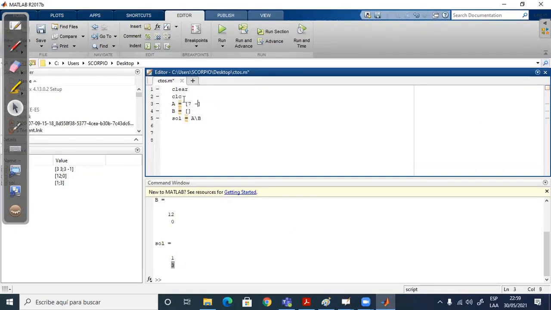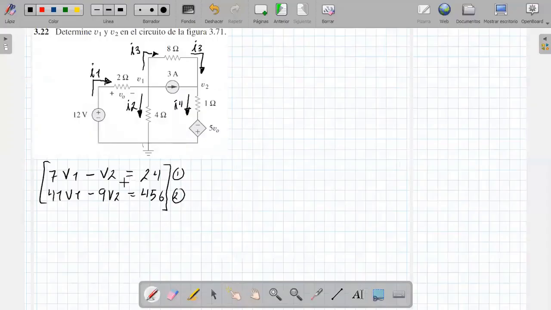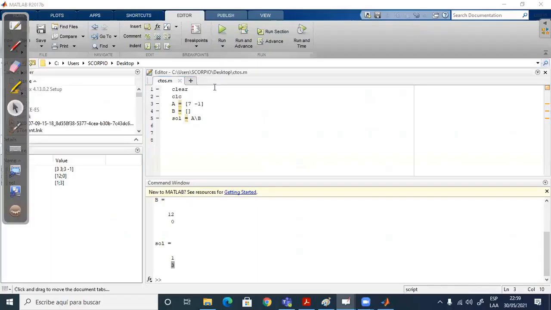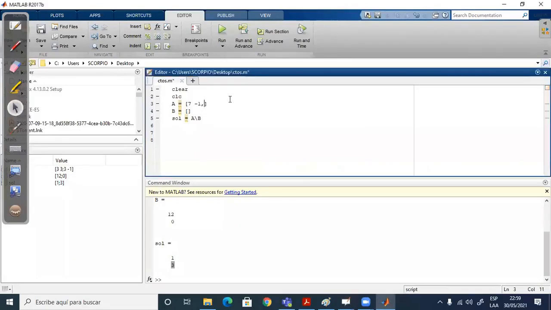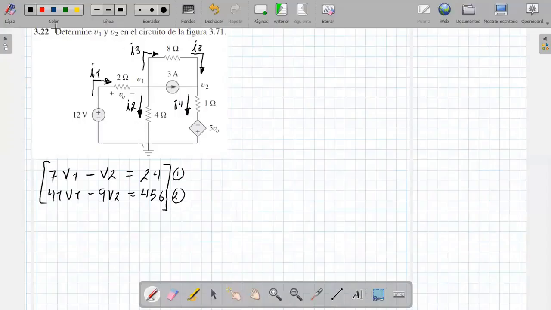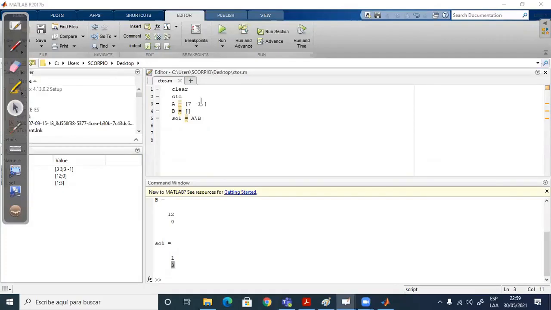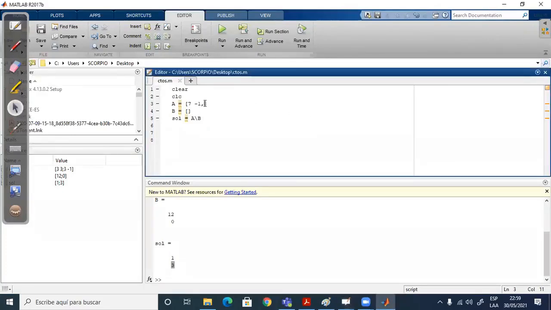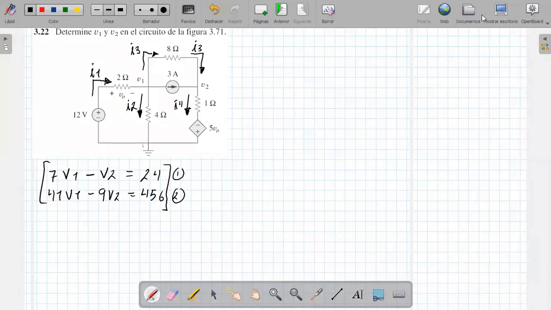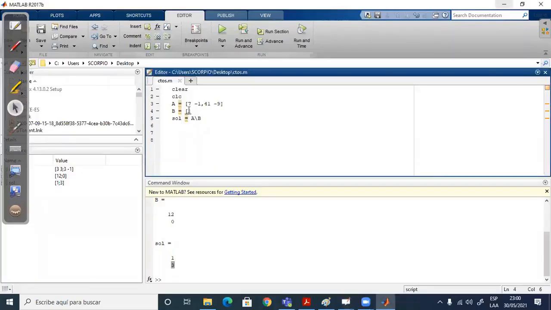Here in the matrix A it would be 7 space minus 1, semicolon, and 41 space minus 9. On the other hand, I have the vector with 24 and 456.